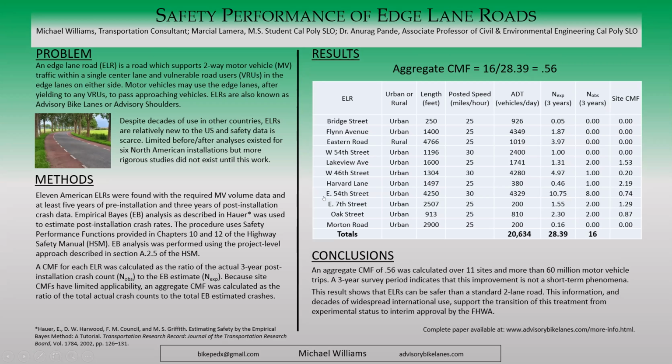I won't claim that all edge lane roads will get that kind of safety improvement by any means, but it's certainly an encouraging trend, especially when you look at that in the context of a couple of other studies, a Dutch and a Danish study that really essentially found the same thing.